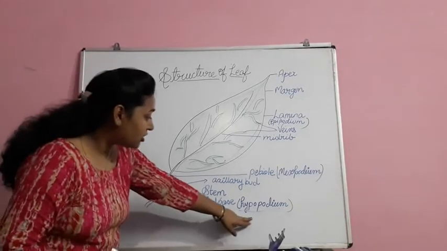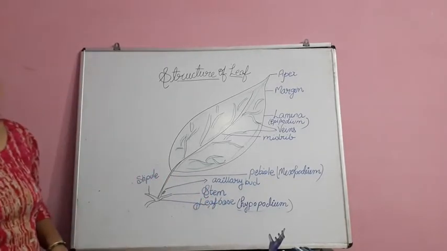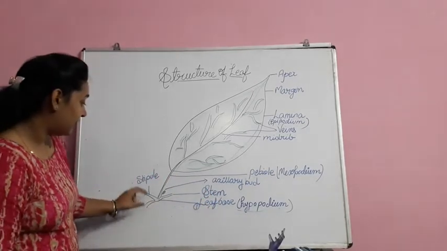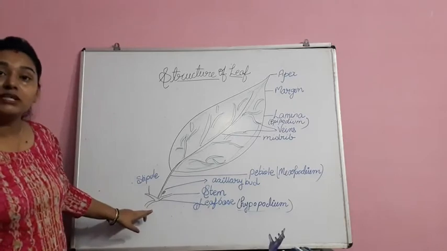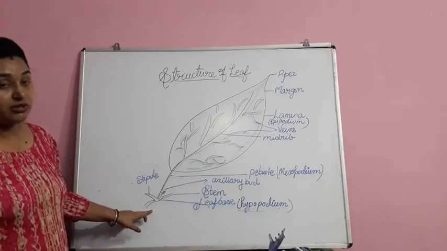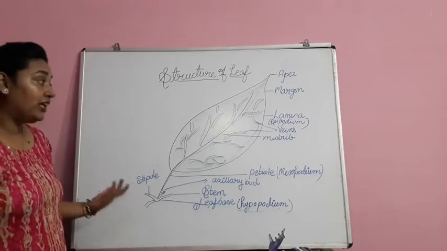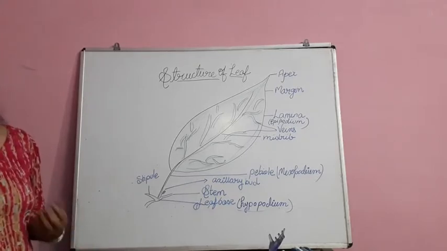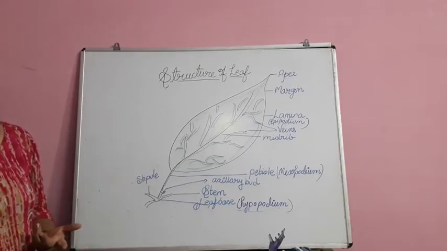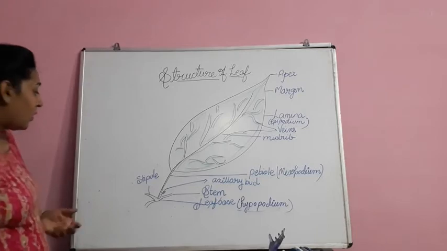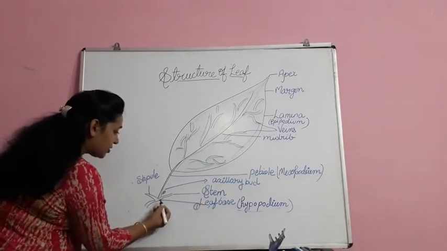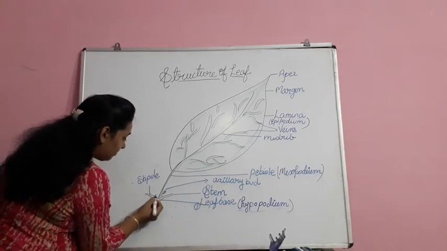Leaf base is also called the hypopodium, and this leaf base arises from the stem or from the tree's branch. So either it arises from the stem or from the branch part of the plant. Now you will see that next to this leaf base there is a stipule.